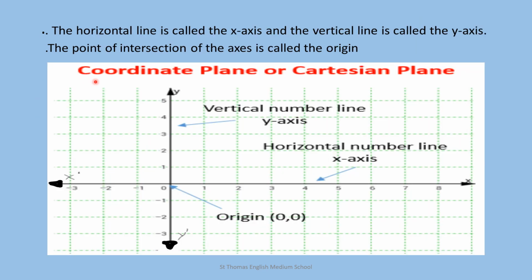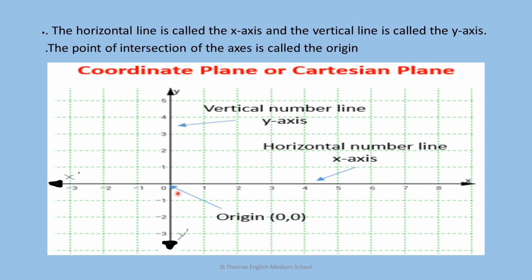In a coordinate plane or Cartesian plane, we take two number lines, that is X' and Y'. X' is the horizontal line and it is called the x-axis. Y' is the vertical line, so it is called the y-axis.